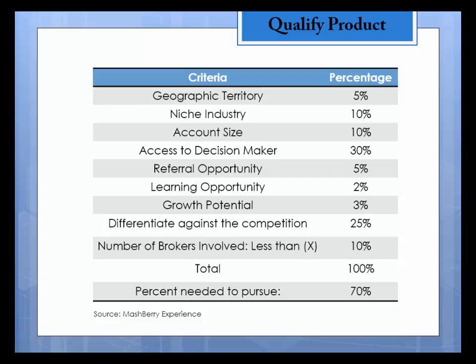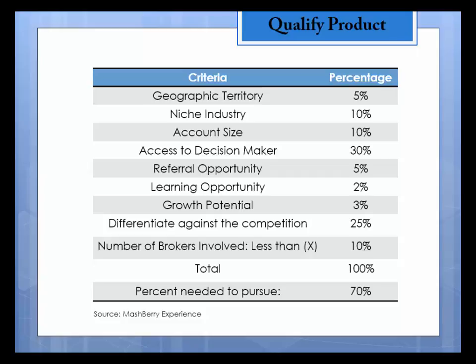So here are some factors from a study by Marshberry that the majority of producers in the review had commented favorably on, so I decided to share it. One of the things to take into account is geographic territory.